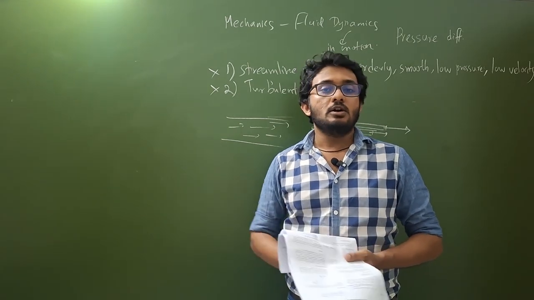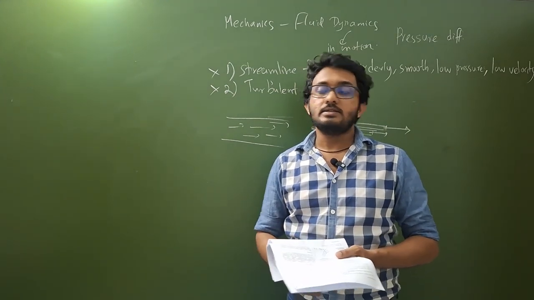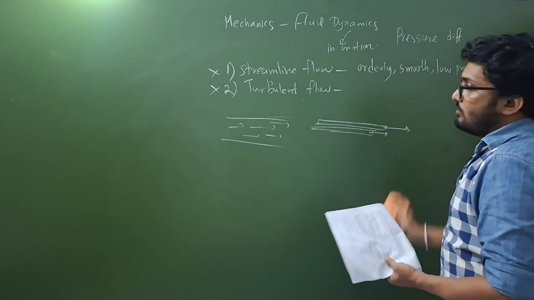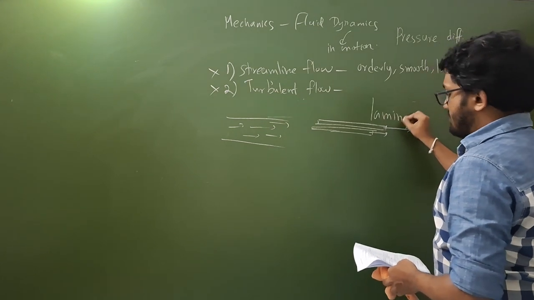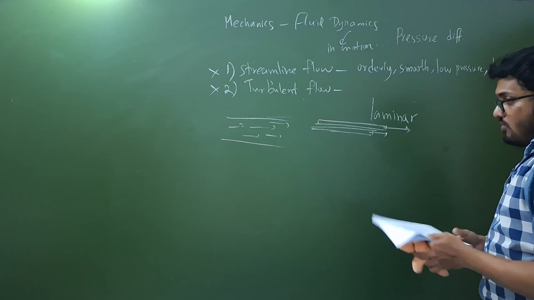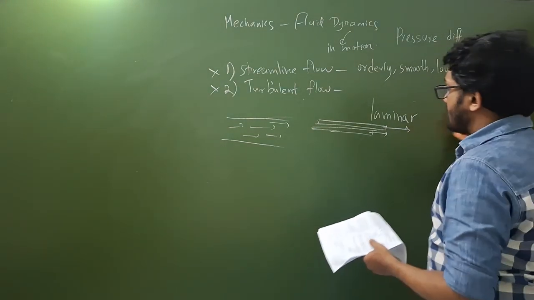When you apply a force to a plate, how the forces are acting on it. Likewise, okay. Lamina. So this is a laminar flow. We can call this a laminar flow too.